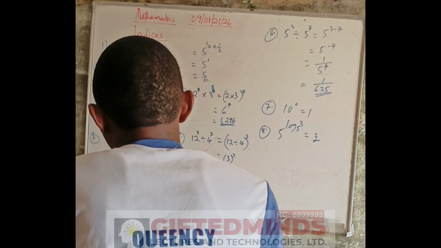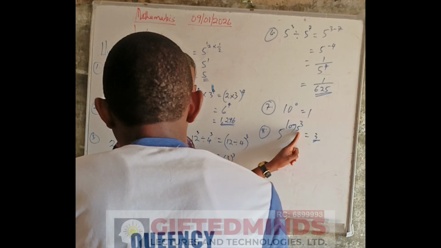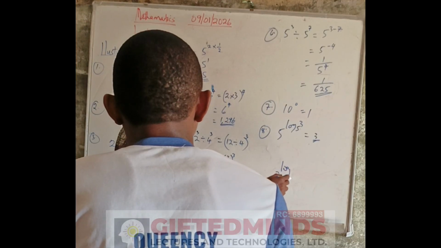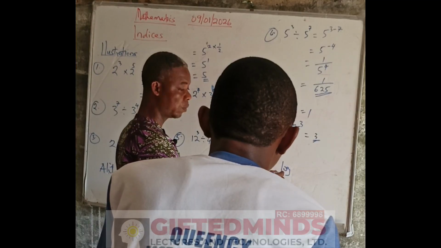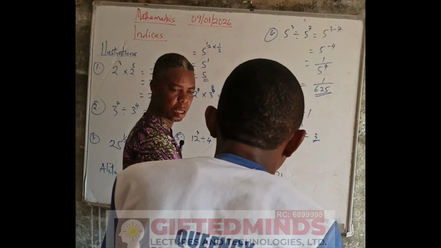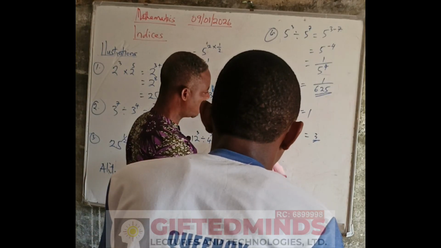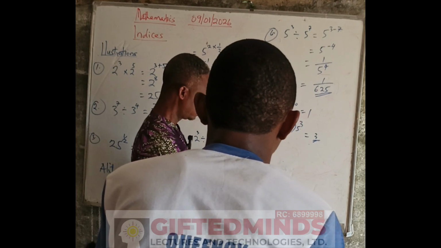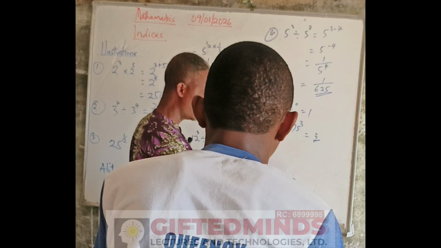I am telling you that you are only considering this one and this one. If you write 5 raised to the power log 3 base 5, that is different from 5 log 3 base 5.